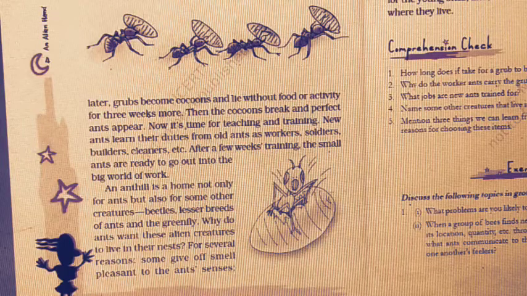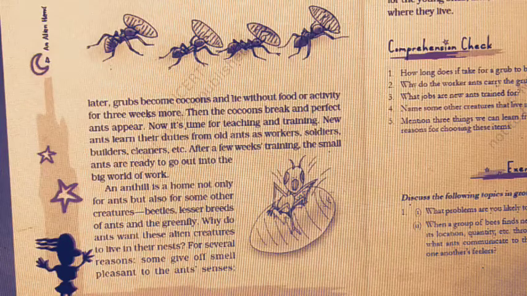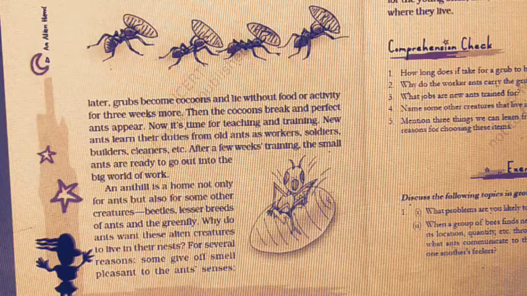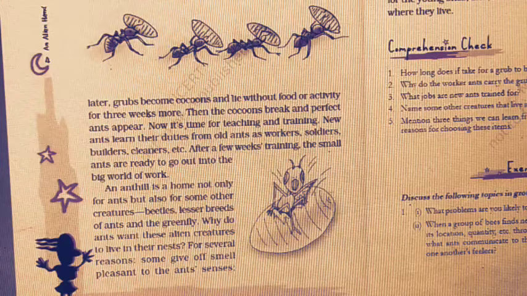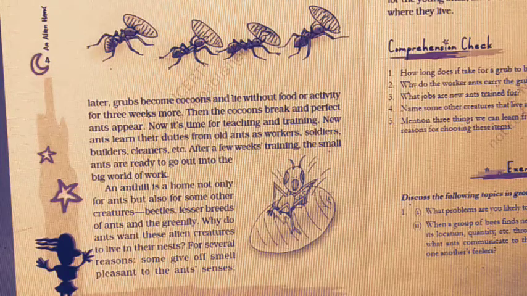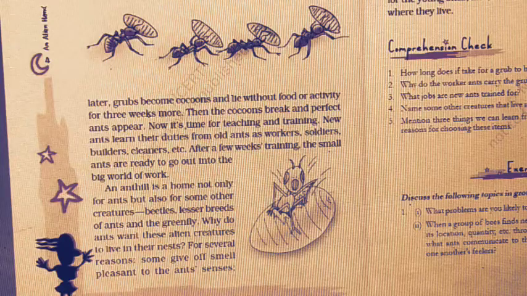And why do these ants allow these foreign creatures to live in their nest? There are many reasons. They are very clever. They allow some other insects to live in their ant hills because some of them give a good smell. So, like agarbatti, these other insects will give a good smell to the nest.